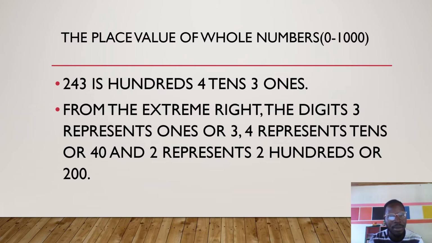243 is 2 hundreds, 4 tens, and 3 ones. From the extreme right, at your right hand side, as the place value chart is concerned, you can see 3 under the ones.